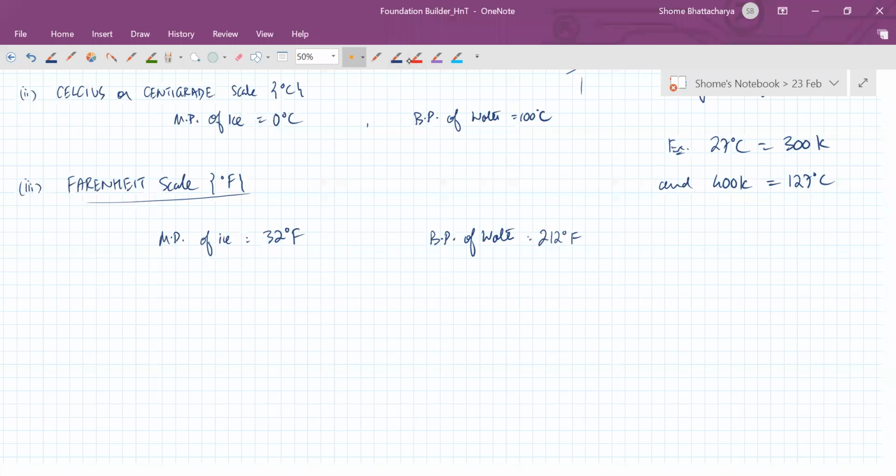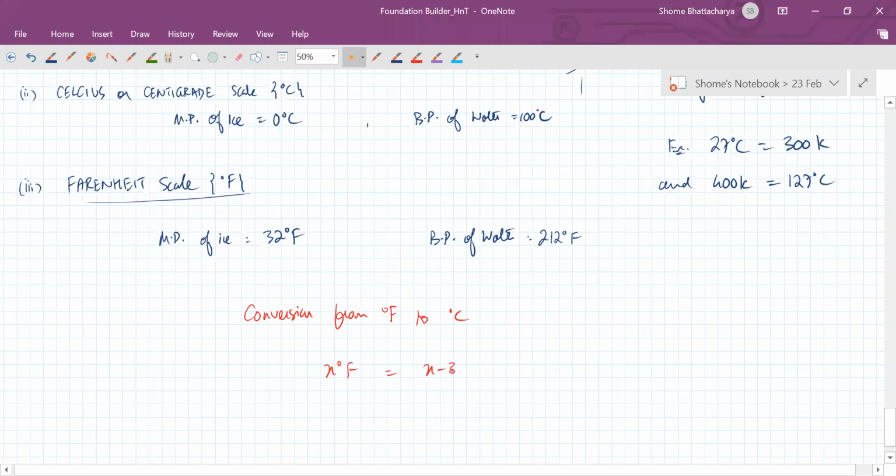Okay. So you can see that conversion from Fahrenheit to degree C, x degrees Fahrenheit is equal to x minus 32 multiplied with 5/9 in degrees C. Okay.